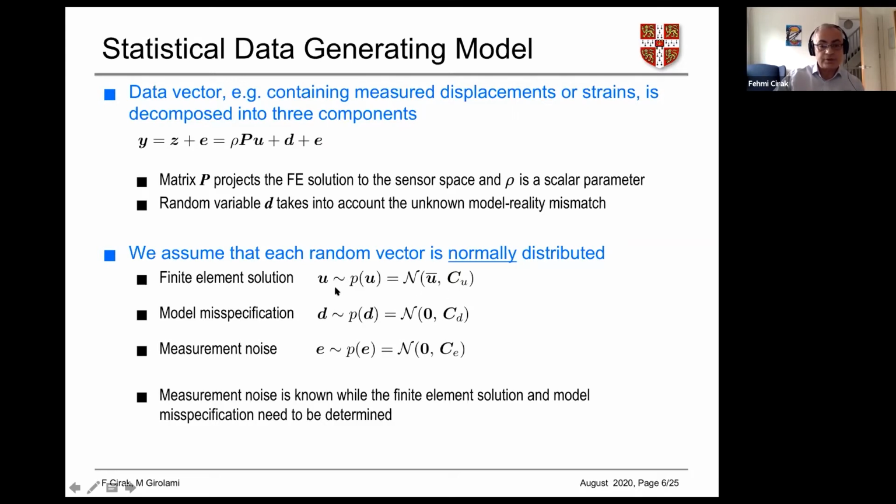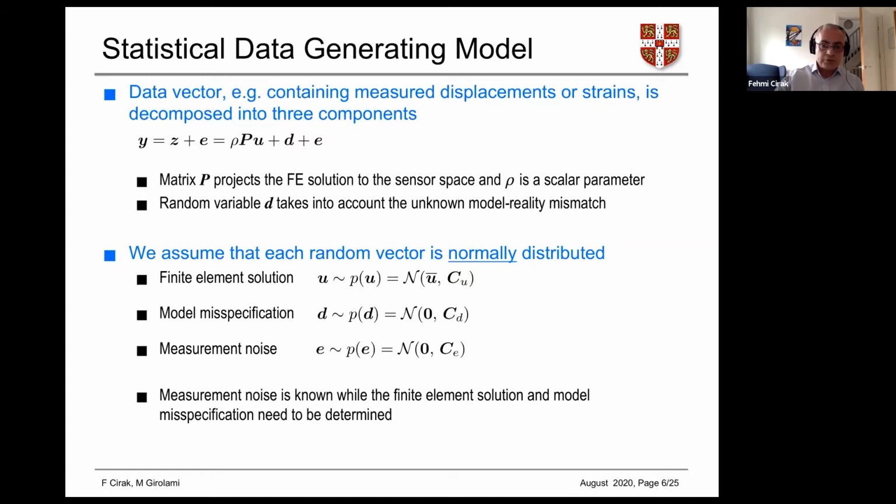So for the finite element solution, we have a mean of U bar, and C_U is our covariance matrix. The other quantities have similar normal distributions, like you can see here. This is, of course, an approximation, that we are approximating as normals. However, in practice, it is an approximation which makes the computations easier. But in many cases, this gives a very good approximation.